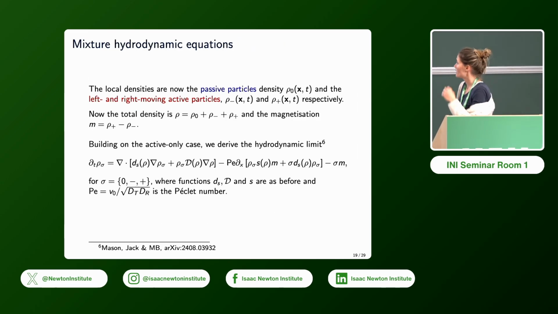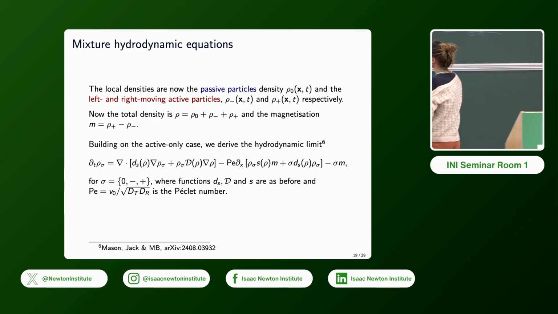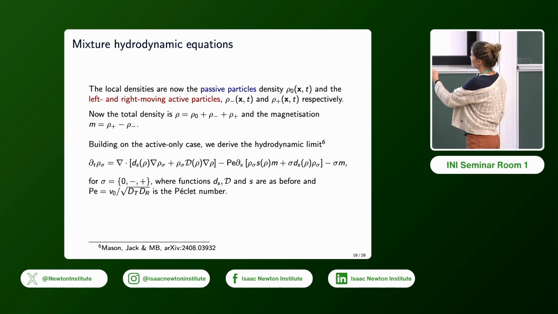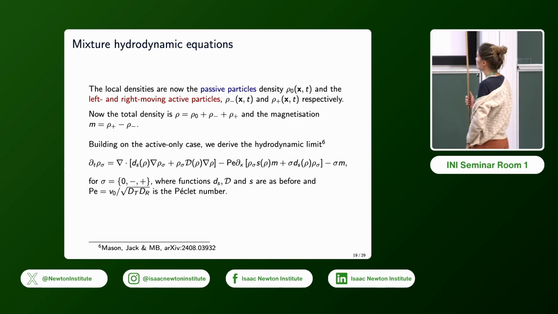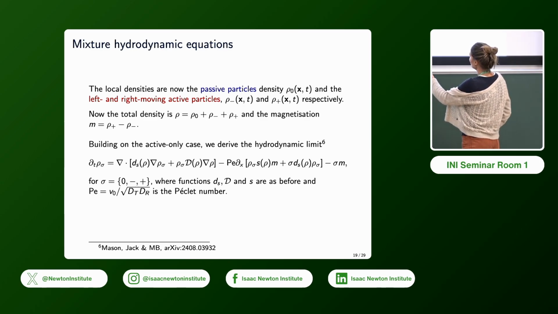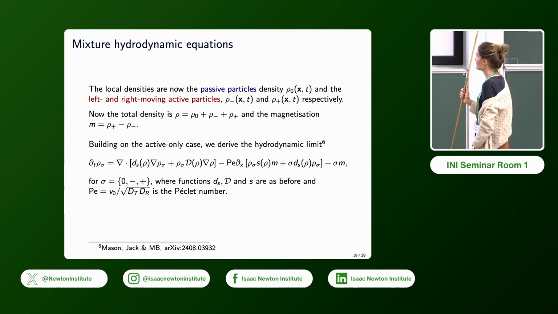And we can again get a hydrodynamic system of equations for, in this case, rho 0, the density of passive particles, and rho minus and rho plus, the left and right moving particles. And I'm also defining now the total spatial density rho and the magnetization, just rho plus minus rho minus.